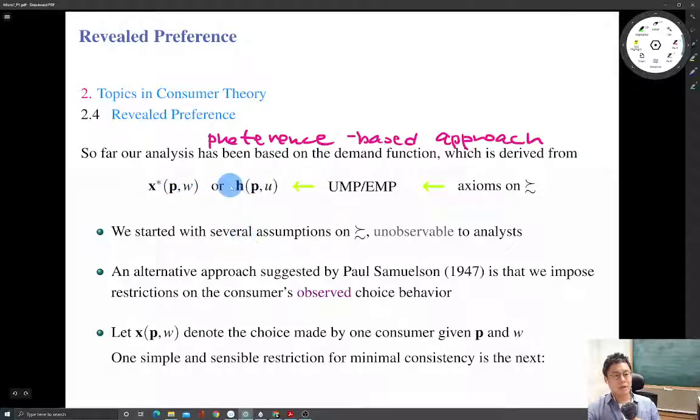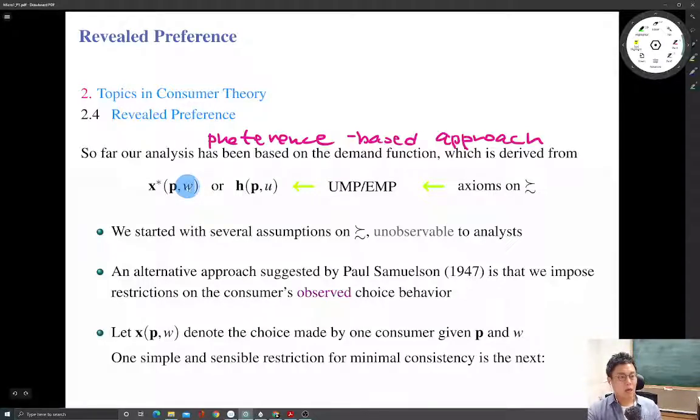Hicksian demand is not observable either, because it depends on the target utility. Target utility perfectly makes sense, but we can't observe it from the data. But in contrast with the Hicksian demand, Walrasian demand is observable, because it depends on two observable parameters. We can observe the current market price, and we can observe the consumer's income.